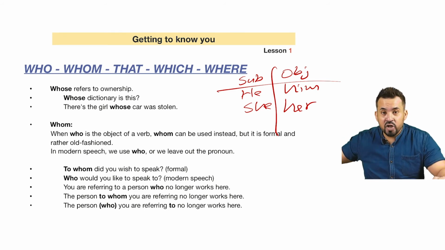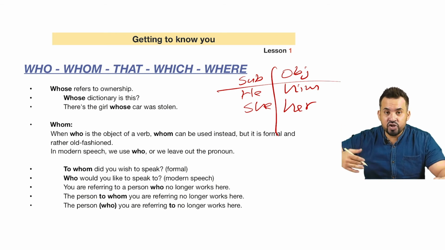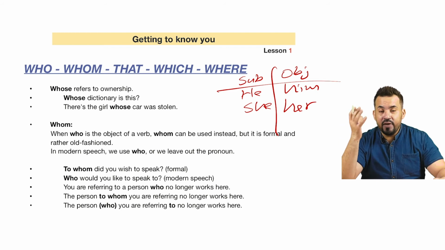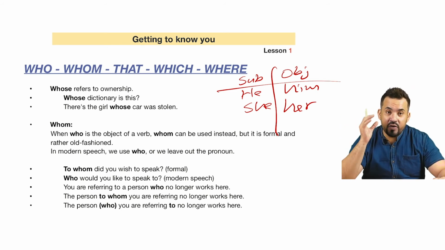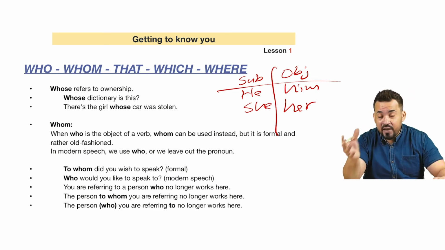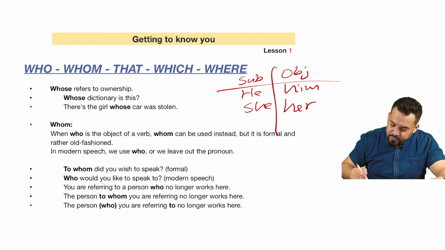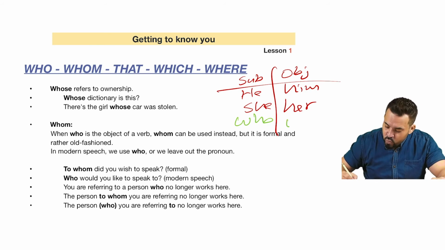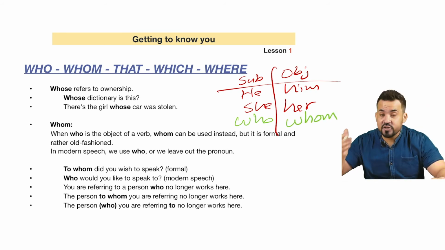Or she went with Samantha, she went with her. So if I use the object, it will be him or her. But if I use the subject, it will be he or she. Same thing applies to who. Subject pronouns are used with who, and object pronouns are used with whom. That is the main difference between who and whom.